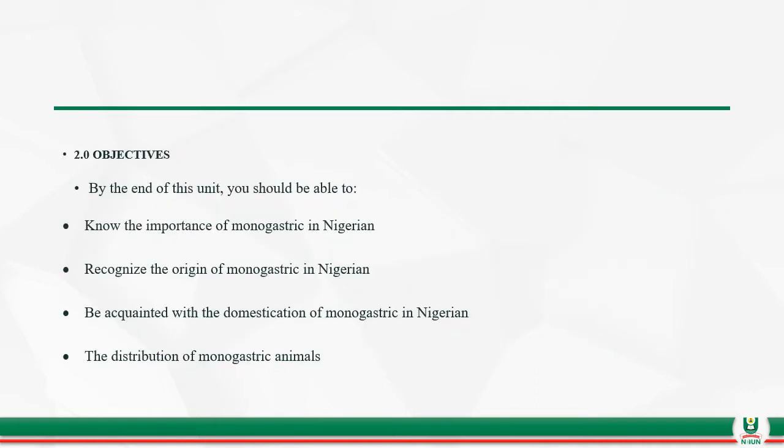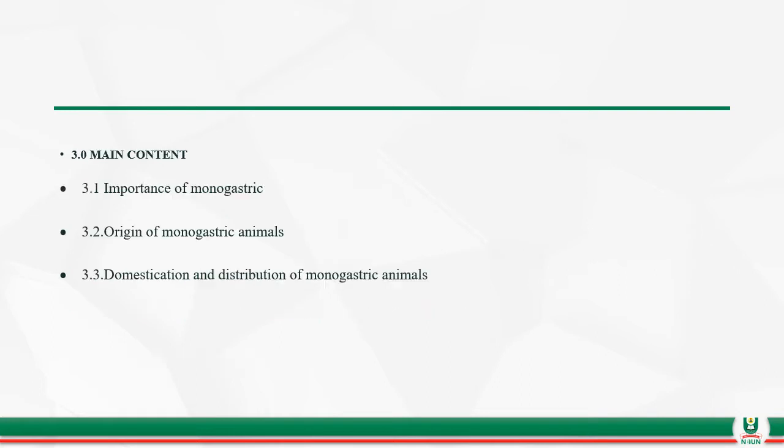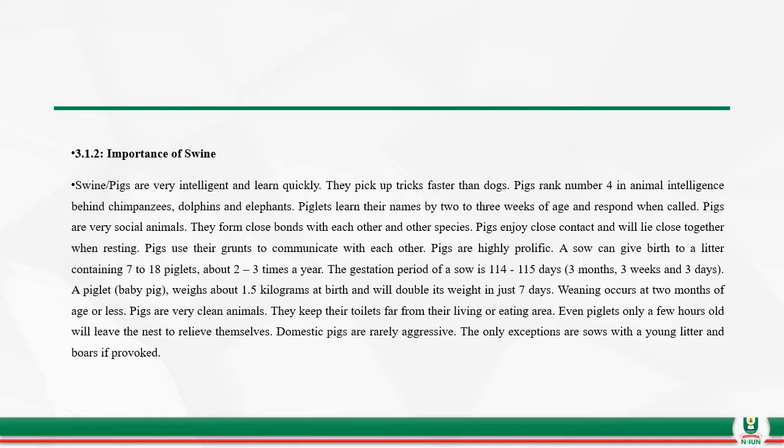By way of objectives, by the end of this unit, you should be able to know the importance of monogastrics in Nigeria, where we are, recognize the origin of monogastrics, be acquainted with the domestication of animals of the monogastric cadre in Nigeria, as well as the distribution of these animals. We'll look at the importance of monogastrics, origin of these animals, domestication, and distribution of these animals.